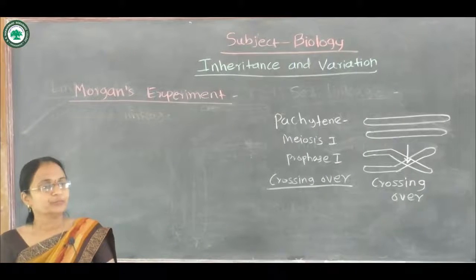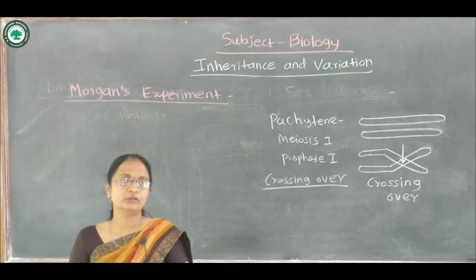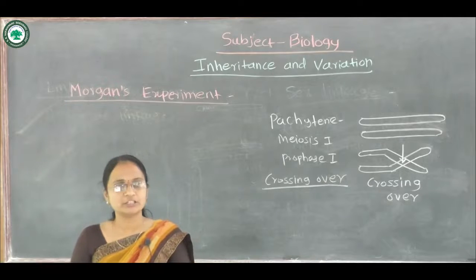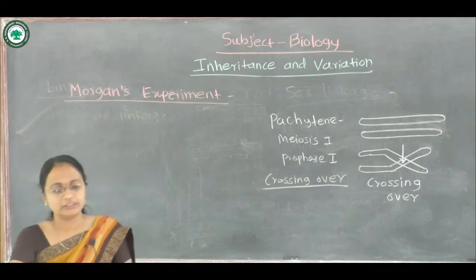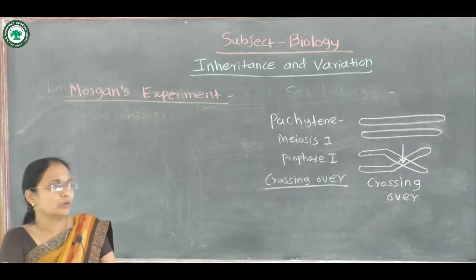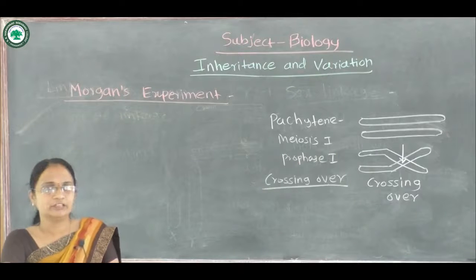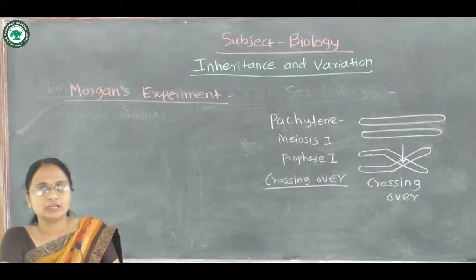Just like Mendel studied the monohybrid and dihybrid cross, Morgan studied the experiment in Drosophila melanogaster. Why did he select this Drosophila melanogaster? Because it is easily cultured in the laboratory and has a short life cycle.